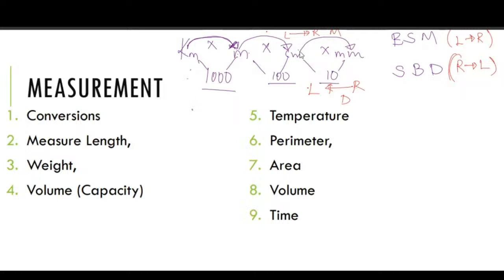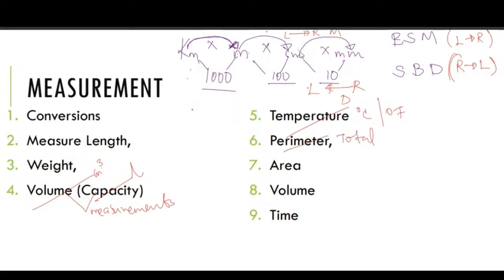Volume or capacity. These ones we shall see. These are still also measurements. And we said volume. This is mathematical. Then this is in real life: liters, kiloliters. As temperature, we have it too. Then perimeter, total distance.